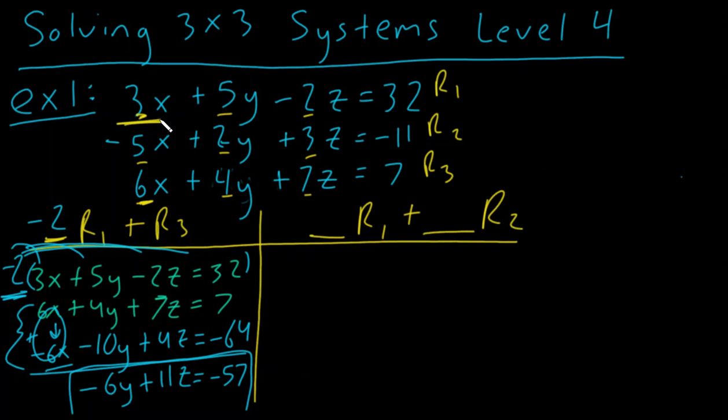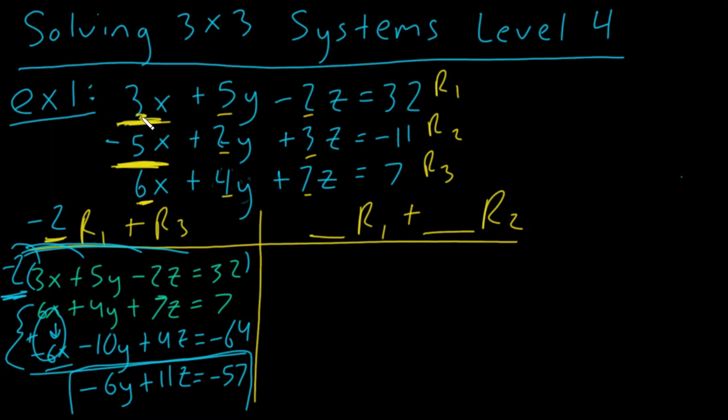As I look at 3x and negative 5x for row 1 and row 2, can I multiply 3 by any number to get to 5? No. Can I multiply 5 by any number to get to 3? No. So we're actually going to multiply these by each other. Let me say this very carefully.